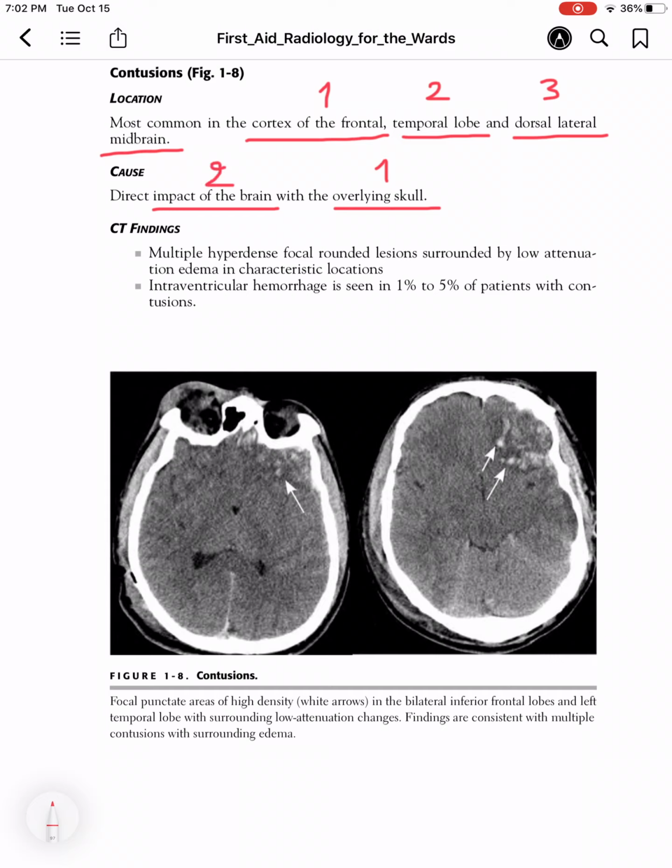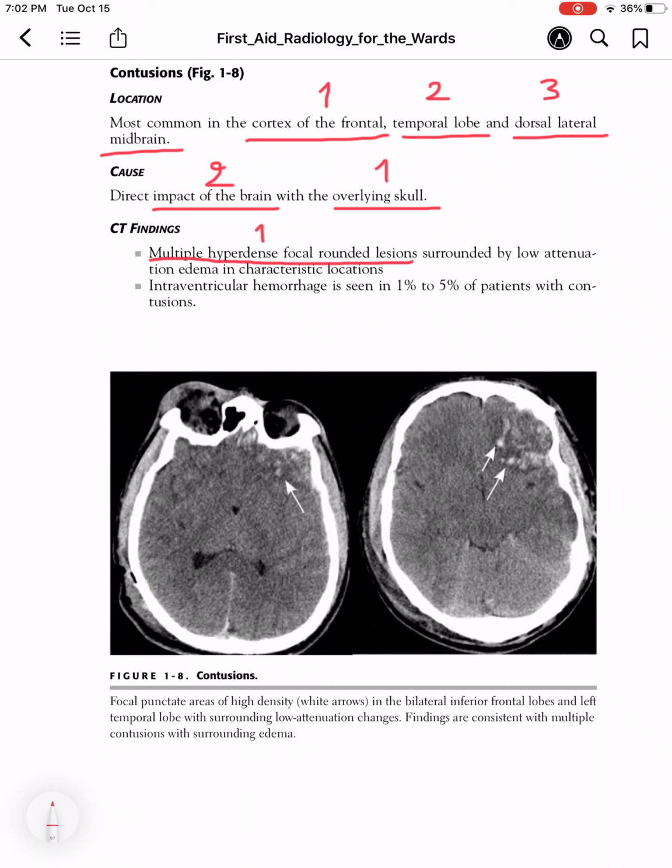All right, let's continue to what interests us most: the CT findings. Multiple hyperdense focal rounded lesions, surrounded by low attenuation edema in characteristic locations. So first is multiple hyperdense focal rounded lesions. This is the first thing.